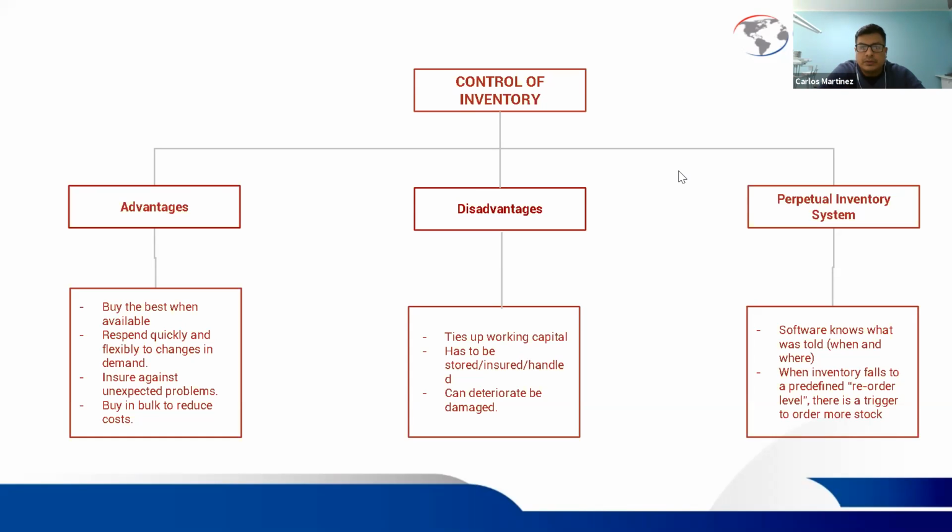Of course, this information needs to be given by the person in charge. He is going to determine how much we need and when we are going to need it. This is called the perpetual inventory system, a software or program that keeps us always over the level of what we need.